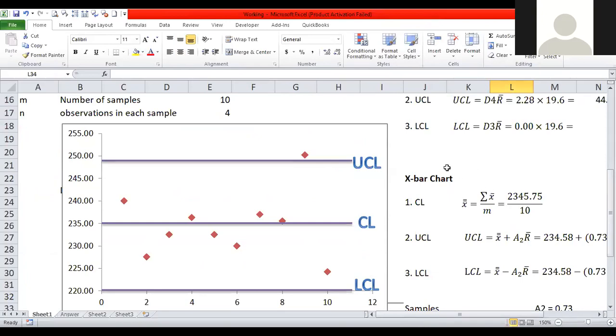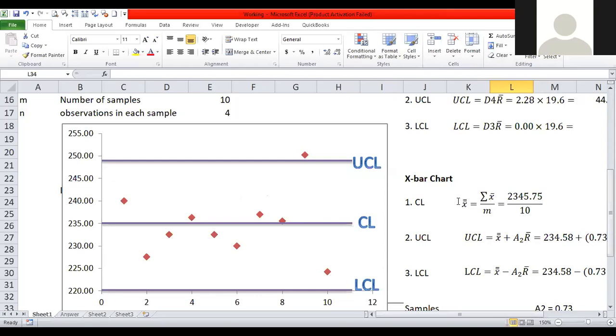So now you know the tolerable area, you know the intolerable area. Now you have to tell me whether the process is under control or not. Yes or no?